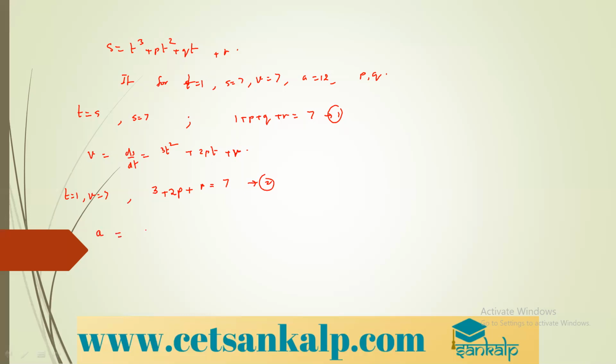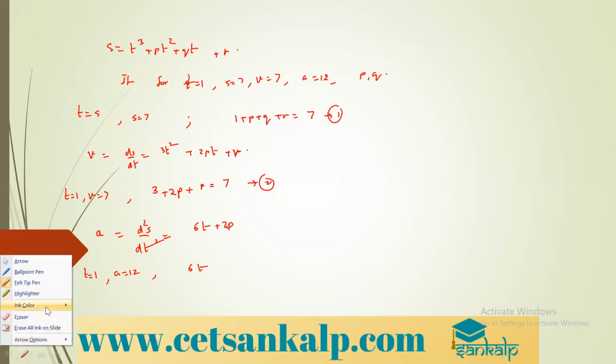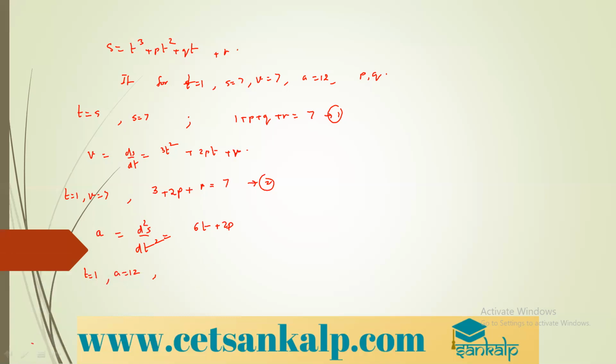Next, acceleration is d square s by dt square. That is 6t plus 2p. When t equal to 1, acceleration is 12. So 6, t we will put as 1. Then 6 plus 2p equal to 12. This is the third equation. So from equation 3, p is equal to 3.